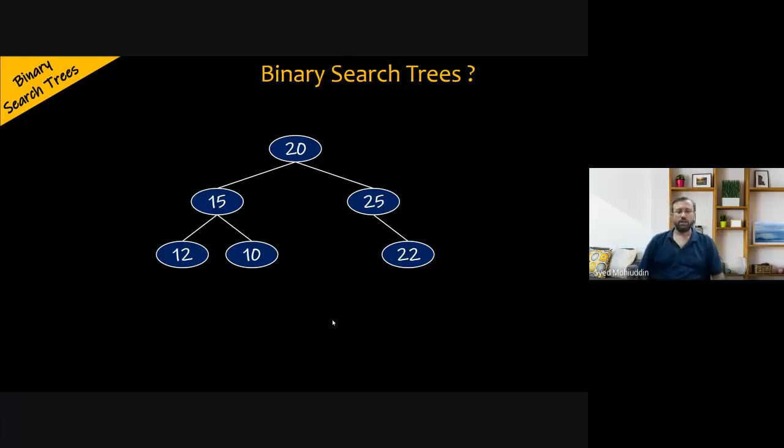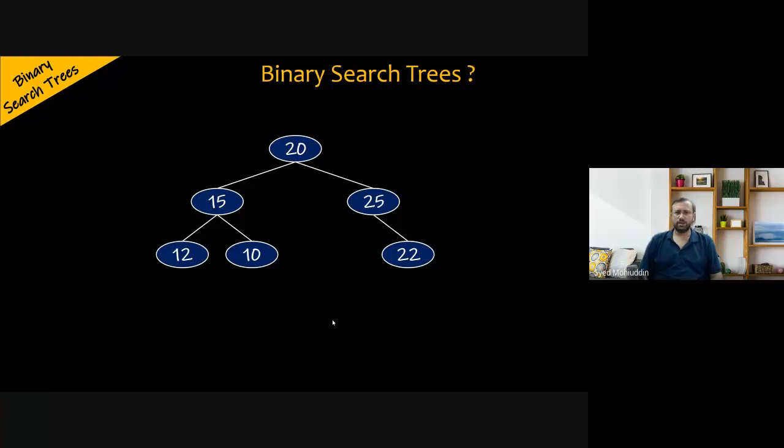Now here, the concept of binary search trees is that a left child is always less than its parent, and a right child is always greater than its parent. And one more thing is that there are no duplicate elements in binary search trees. Remember that.